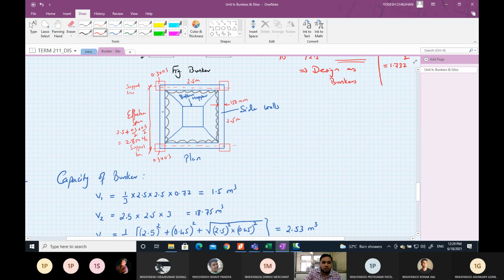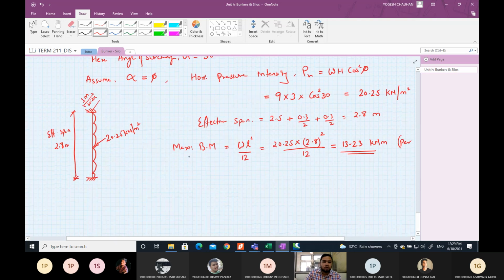These walls are actually subjected to bending moment, which will try to bend these walls like this, and they will also be subjected to tensile force. So these walls are designed for both bending as well as tension. So we stop here. In the next class, we will find this tensile force, and then we will carry out the design of side walls.